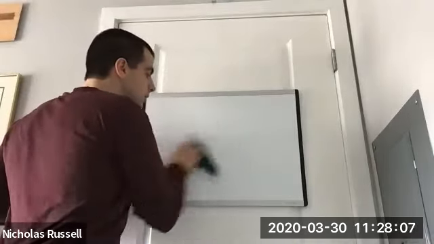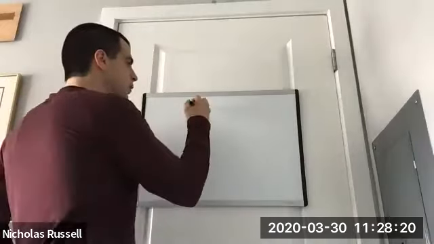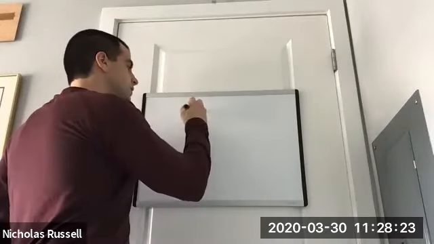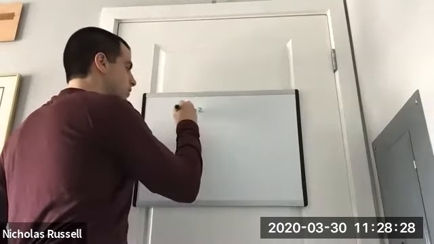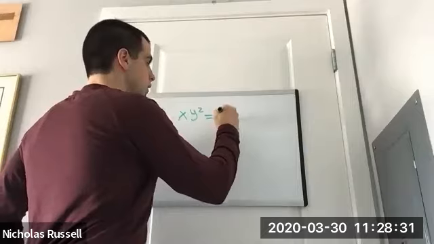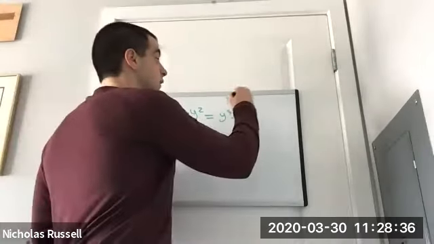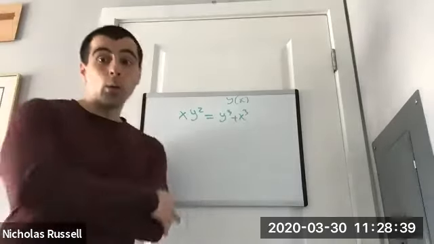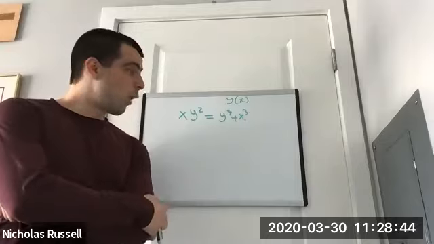All right, and lastly, what I want to tackle is the idea of implicit functions, harkening back to what we did in Calc 1. As a reminder, if I had something like y squared x equals y to the third plus x to the third, and I know that y is a function of x and I want to solve for y prime, I can't solve for y explicitly here.